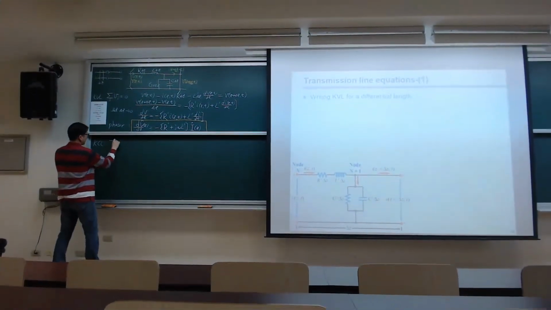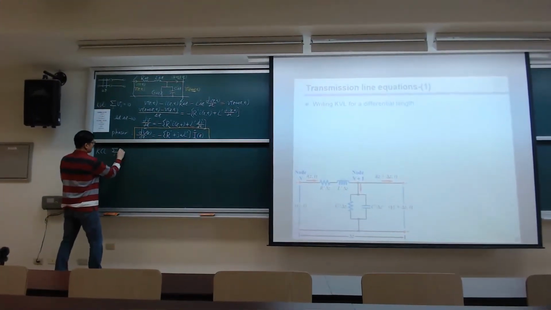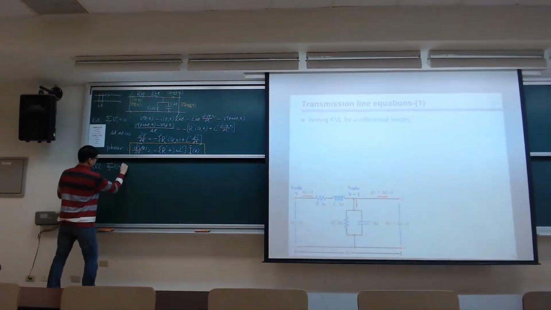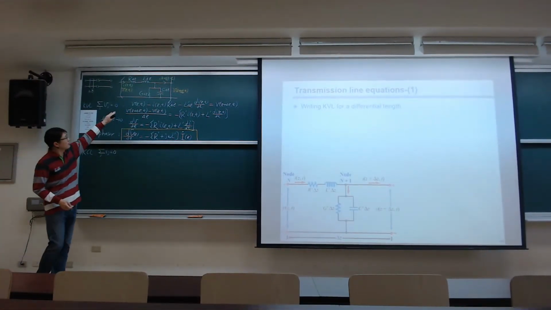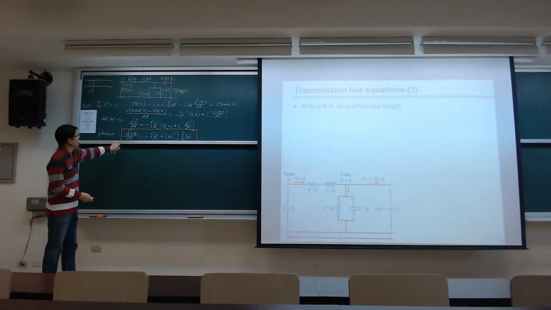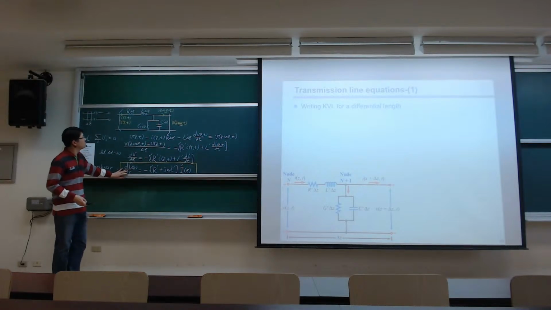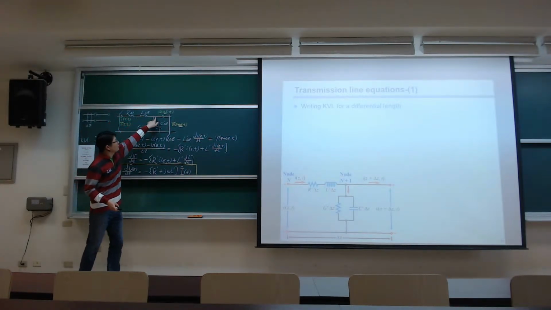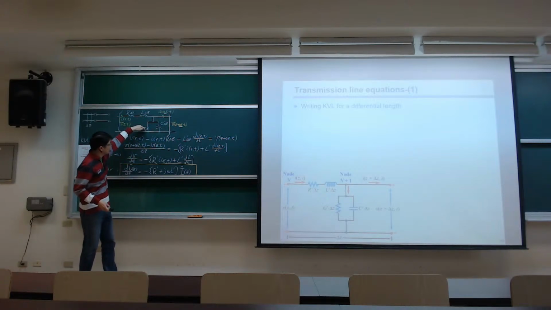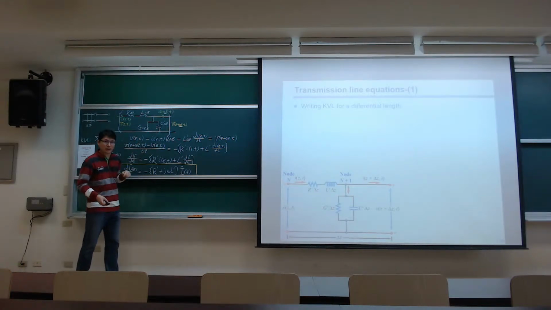KCL states for any node, all the currents add up to 0. So let's look at this circuitry. I have one current coming in. I have one current coming out, a second current flowing across the two metallic conductors, and a third current flowing across the capacitor.